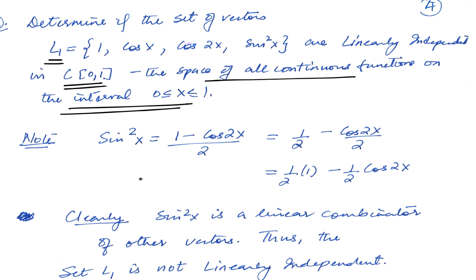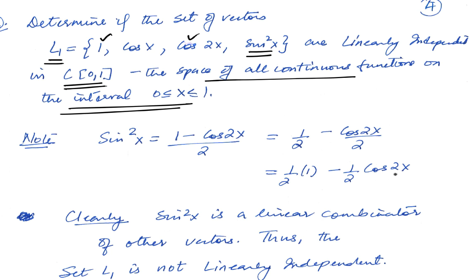Okay, you'll have to remember your trig here, guys. Going back to the double angle properties, sine squared x is (1 minus cosine 2x) by 2. I can write this as half minus cosine 2x by 2. So one of the terms in the set, sine squared x, can be written as a linear combination of the first term and the third term: half times 1 minus half times cosine 2x.